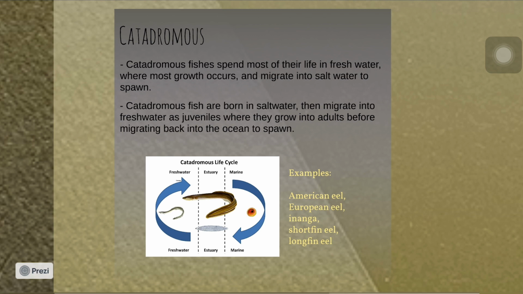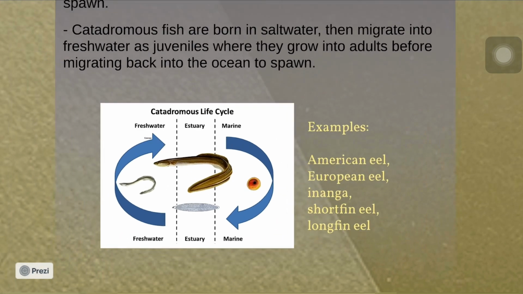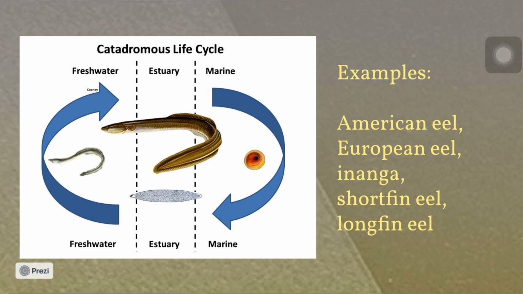Catadromous fish are born in saltwater, then migrate into freshwater as juveniles, where they grow into adults before migrating back into the ocean to spawn. Examples of this are the American eel, European eel, inanga, shortfin eel, and longfin eel. On the left side we can see the catadromous life cycle of eel: marine, egg, then estuary, freshwater where they grow, then going back to marine for laying eggs.